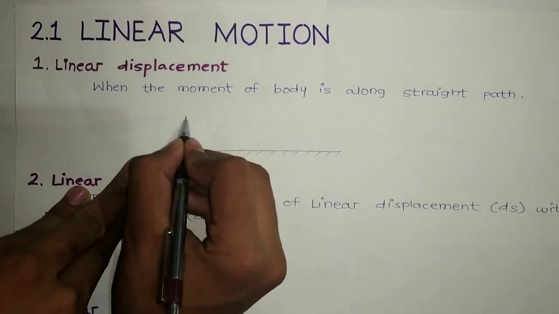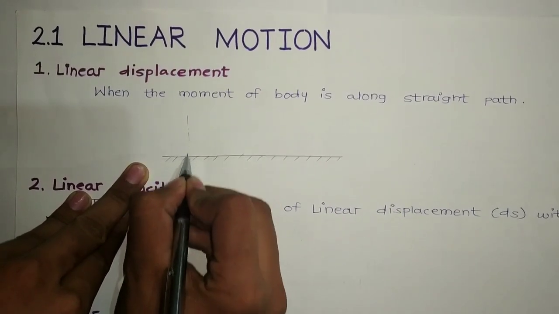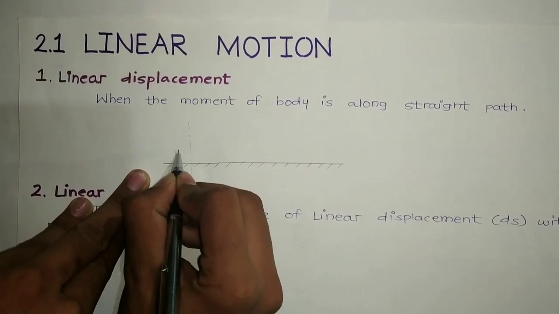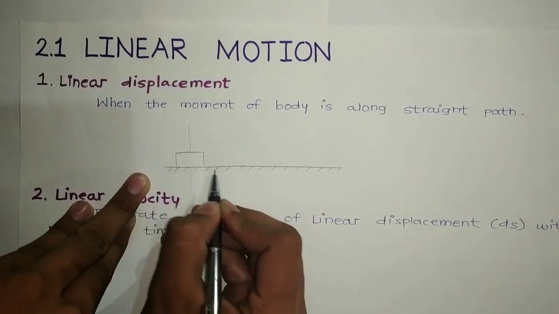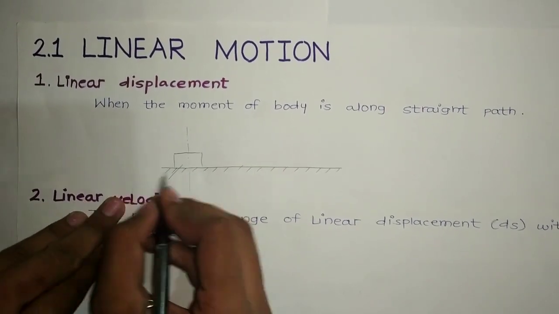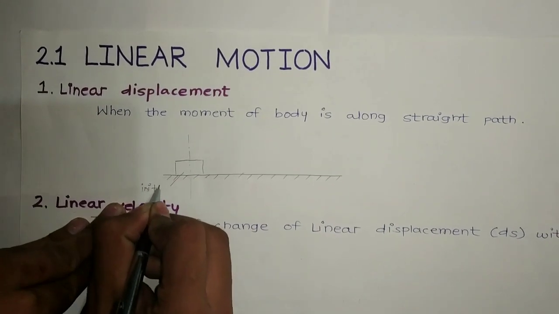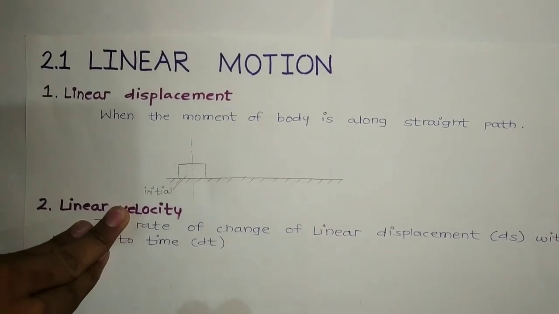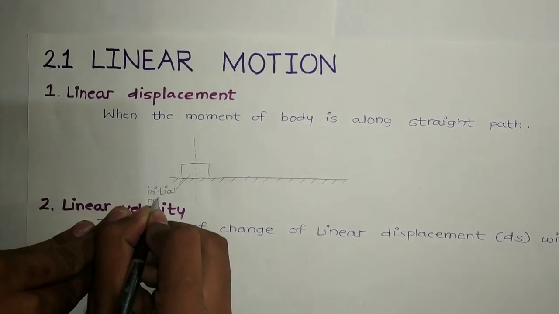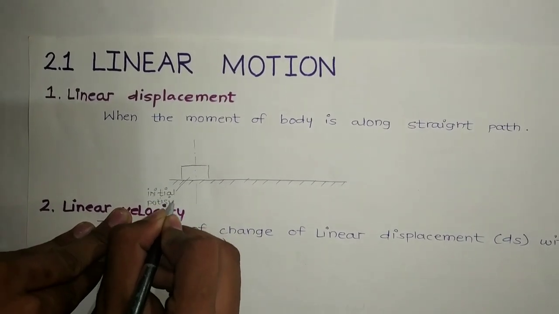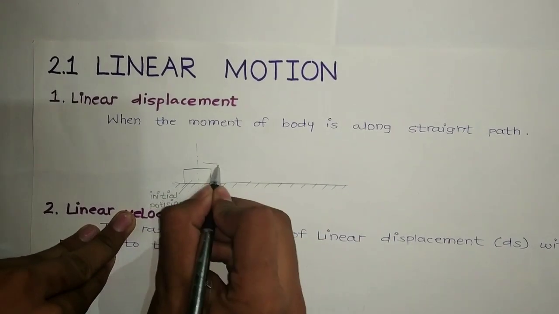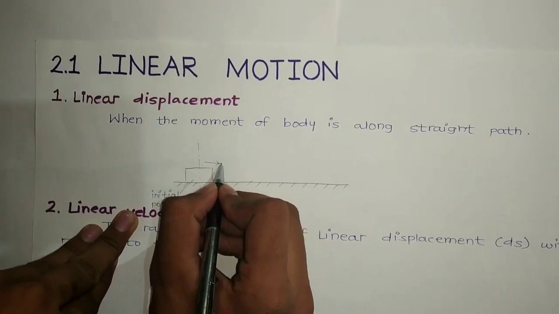In that there is an initial position of a body, and the motion of the body is along this direction.